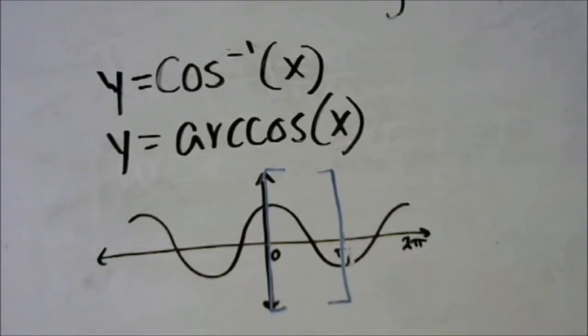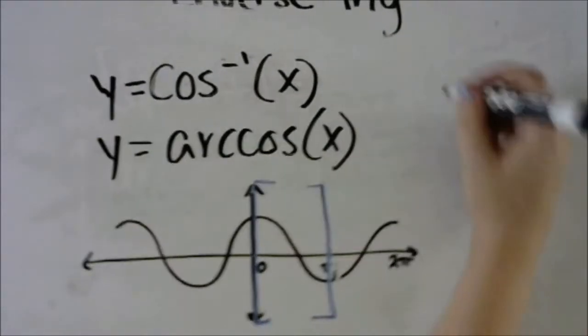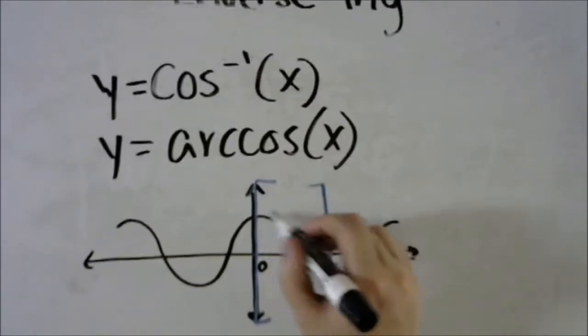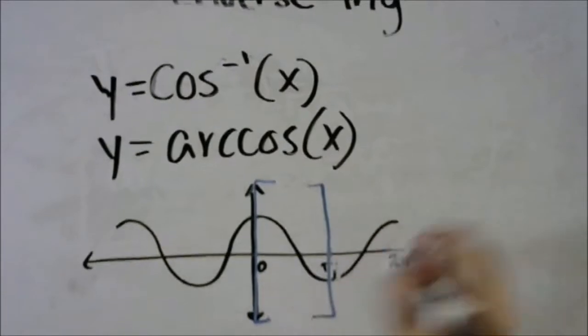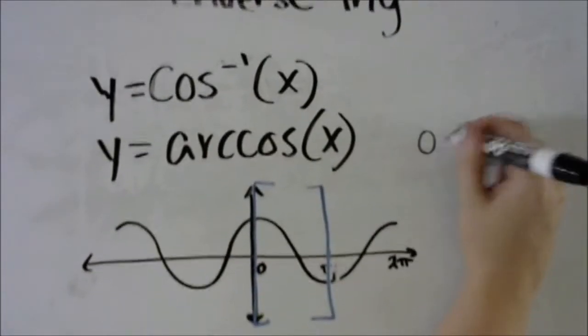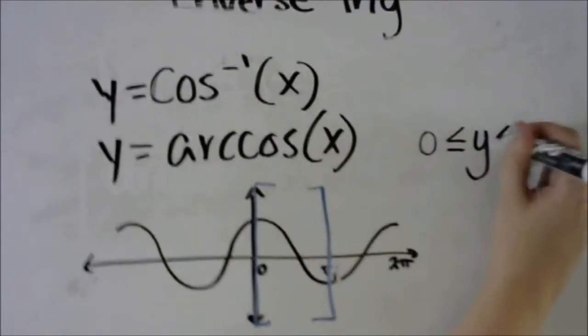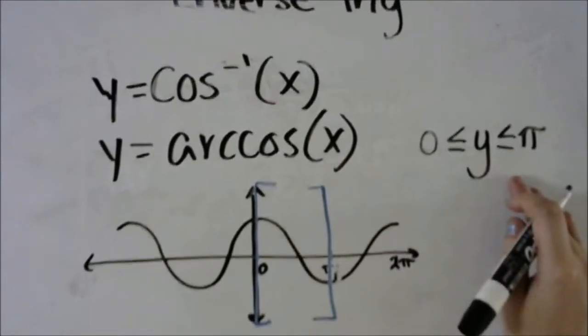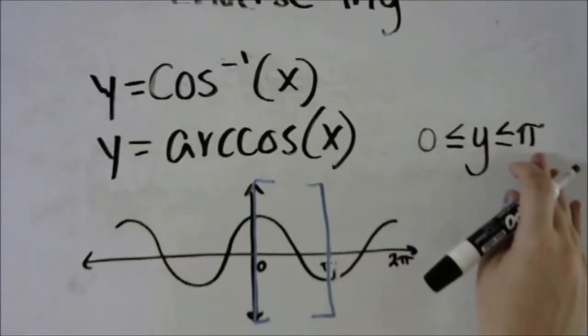not repeat its values. That means for the inverse function, remember this is the domain of cosine, which makes it the range of inverse cosine. The range of answers, or the acceptable angles, are all going to be from 0 to pi.